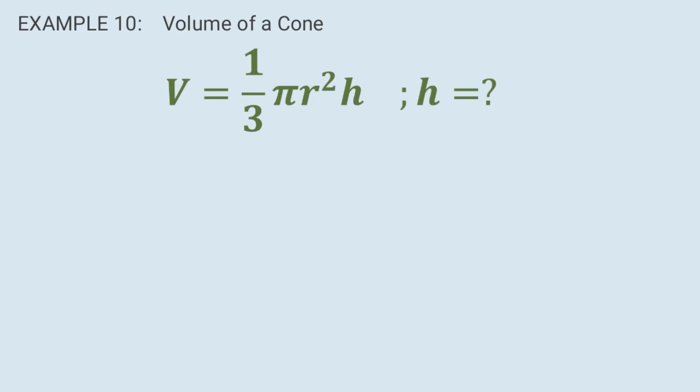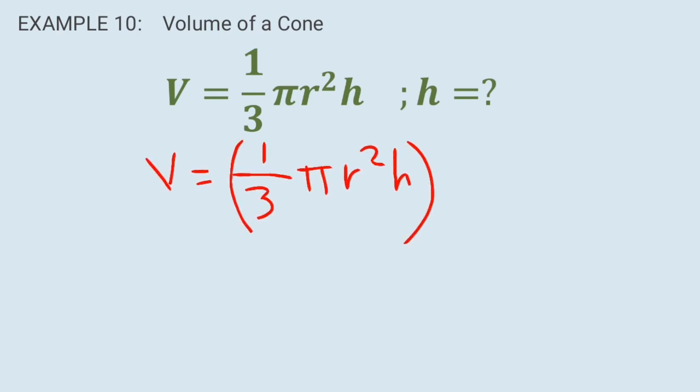Let's rewrite it: V, and H. Same as what we did before, we are going to multiply by 3, since the denominator here is 3.